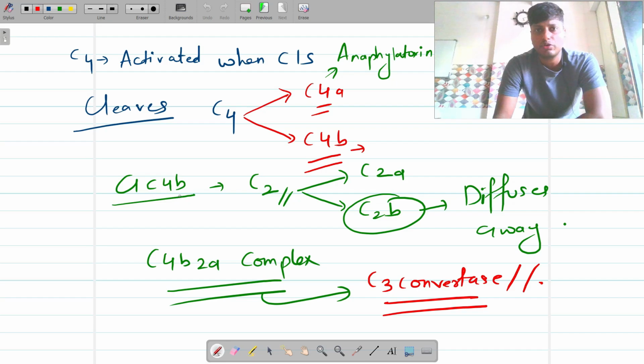Now this C1C4b complex will further activate C2 and break C2 into C2a and C2b, out of which C2b is going to diffuse away, and what results is the formation of a complex called the C4b2a complex. Now this particular complex is called C3 convertase.